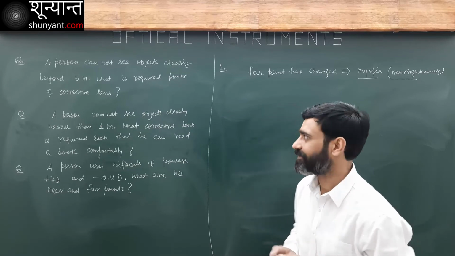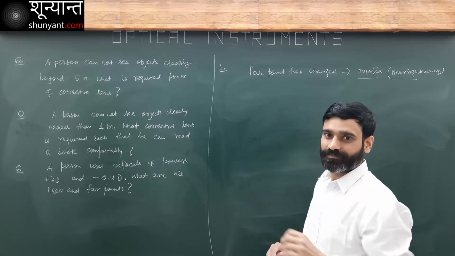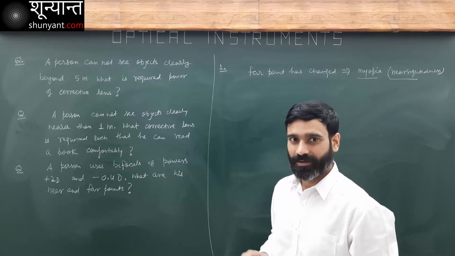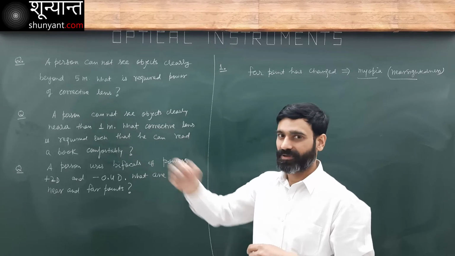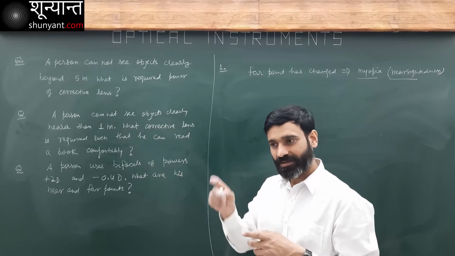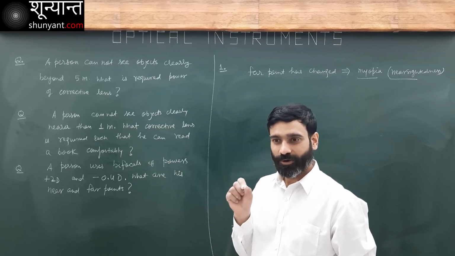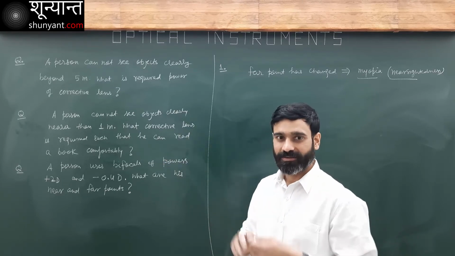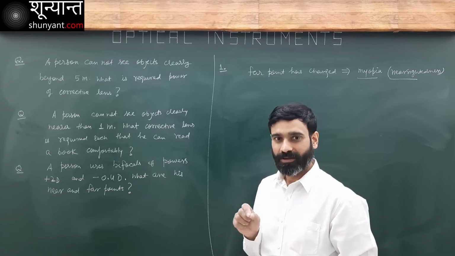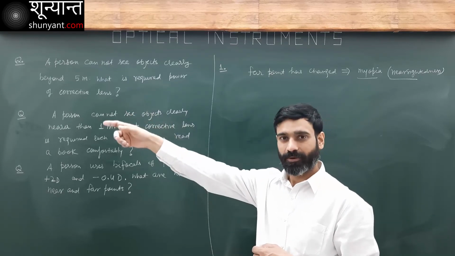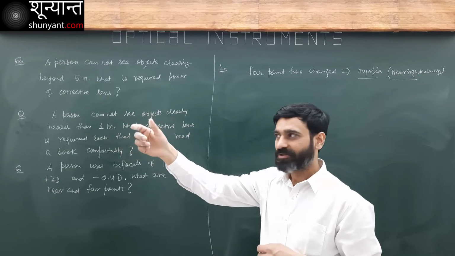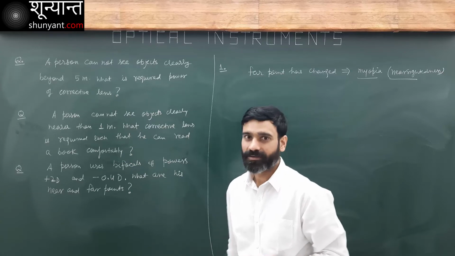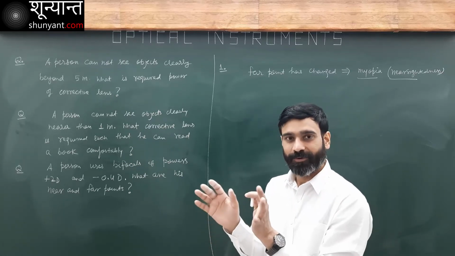Now how to correct it? I can see an object at 5 meters. I cannot see an object at infinity. I want to see an object at infinity. I will make use of a lens which creates the image of that object at 5 meters, and then I will be able to see it.